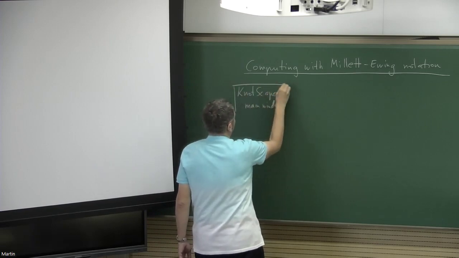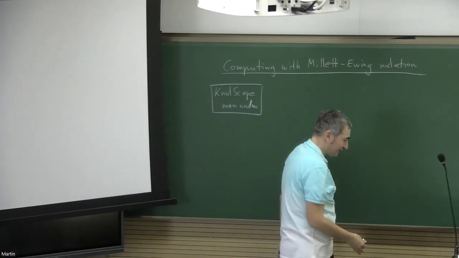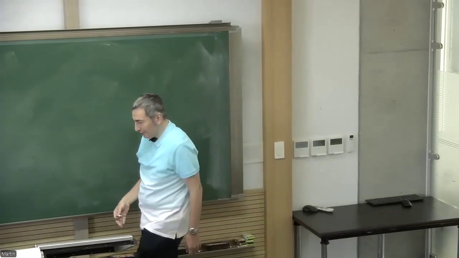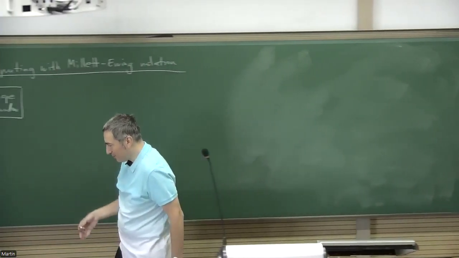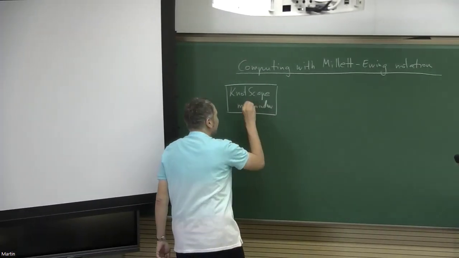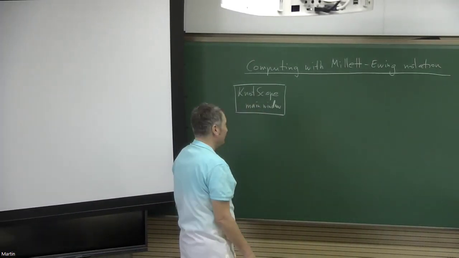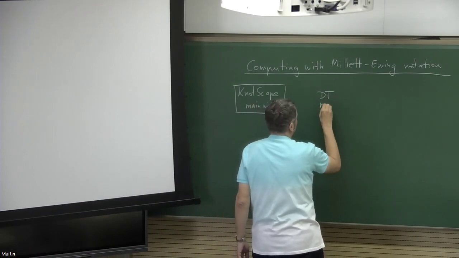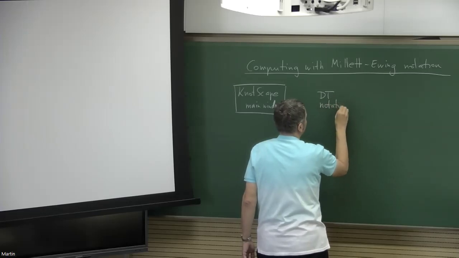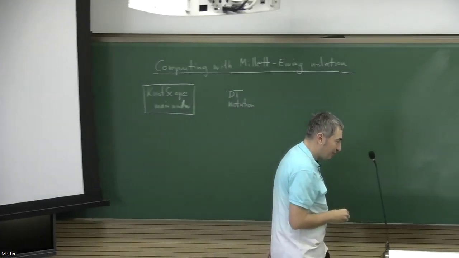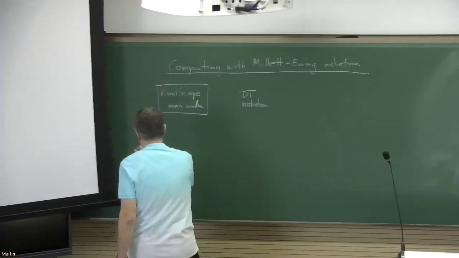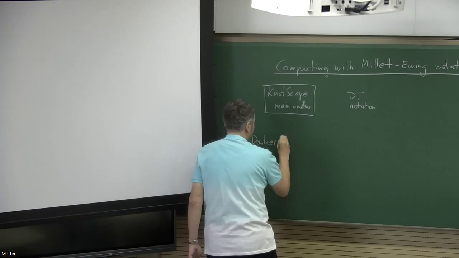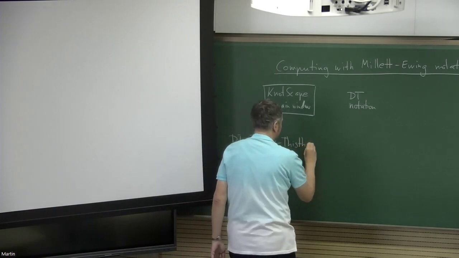Let's say I write a box for some kind of object, and I write an arrow with a label on it to say what tool transforms between different objects. In Knotscape, there is a main window which allows you to work with Dowker-Thistlethwaite notation, DT.